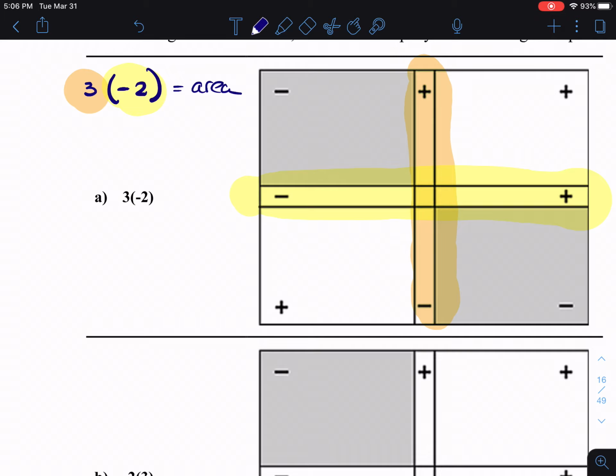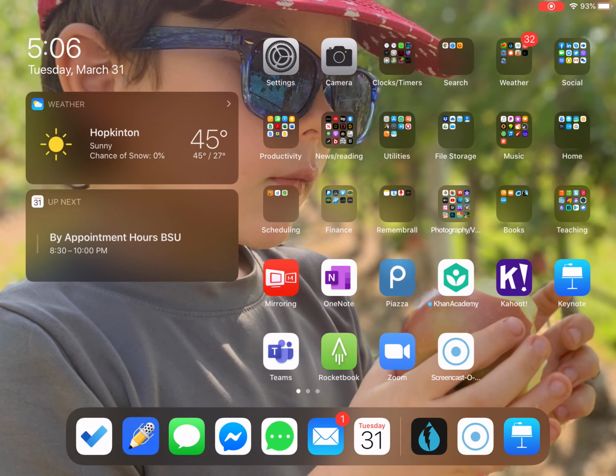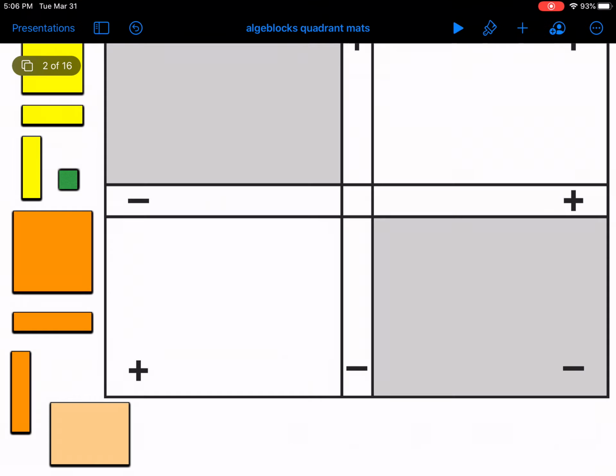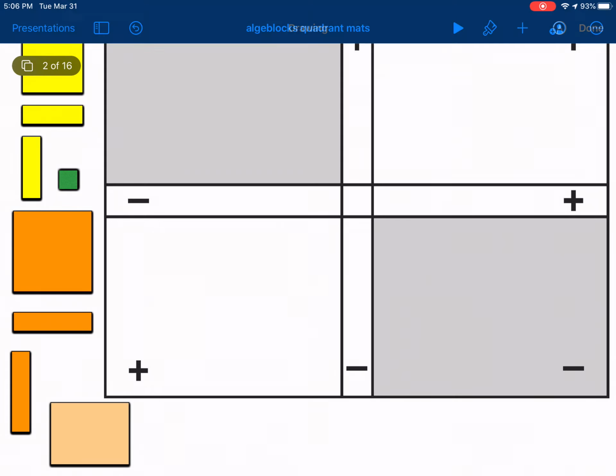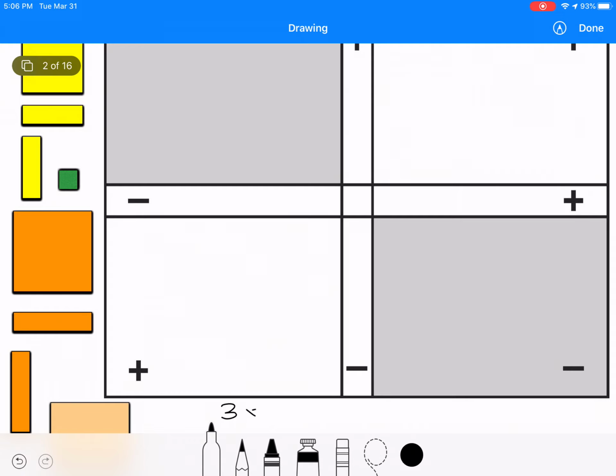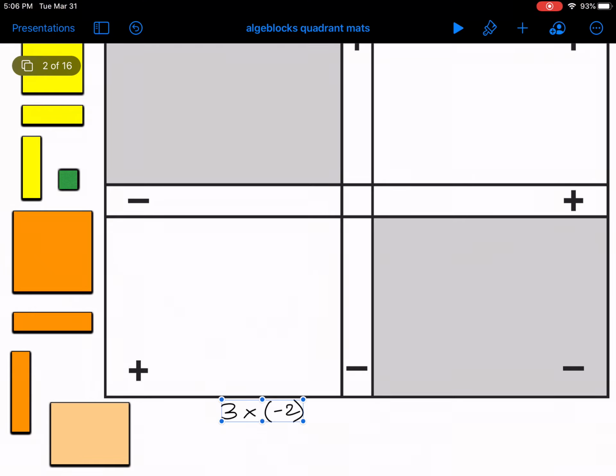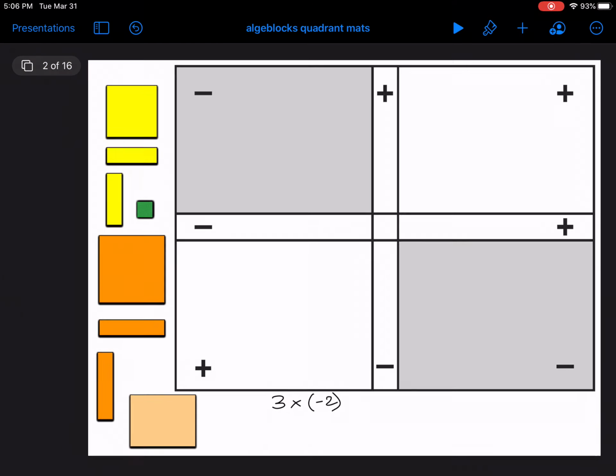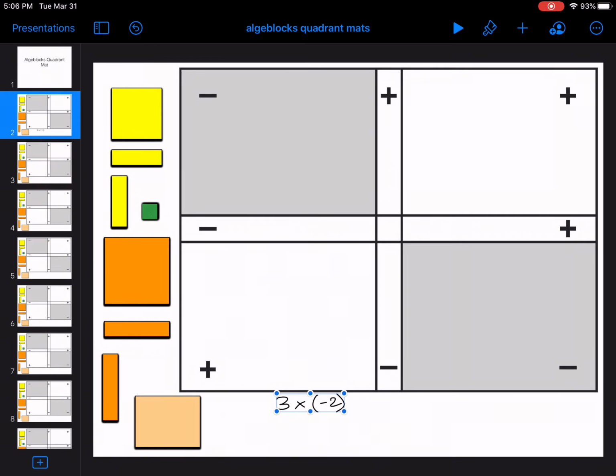So let's see what this looks like on the Algeblocks. Let's say we're still doing 3 times -2. Our factors are 3, the vertical factor is 3, and the horizontal factor is -2. So somewhere on the vertical factor, we're going to have to place 3.